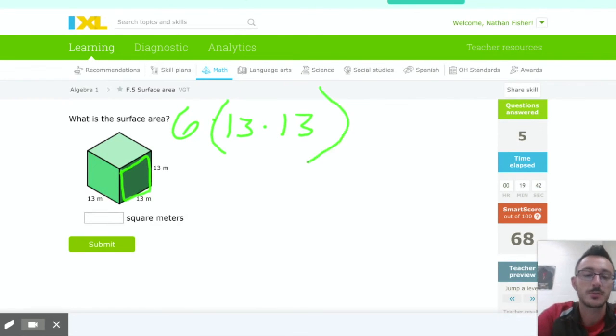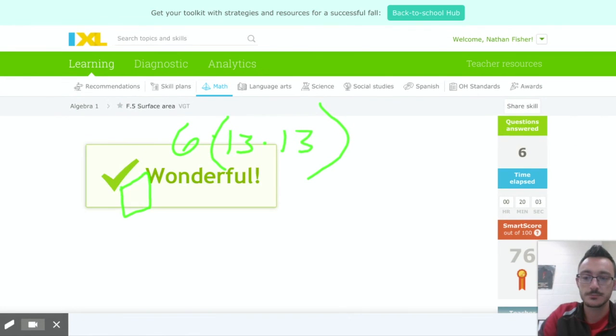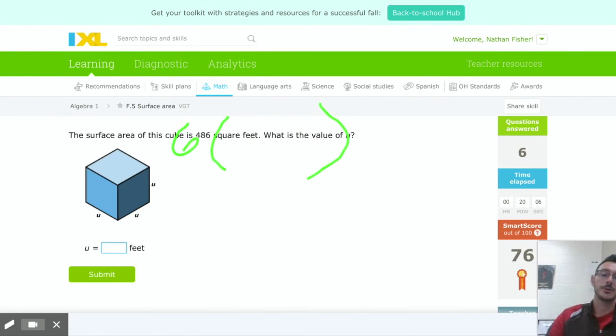I can even group those and do that part first. 13 times 13 is 169, and then if I multiply that by 6 to account for all 6 sides of the cube, I get 1,014. Wonderful. All right, so we'll call it there.